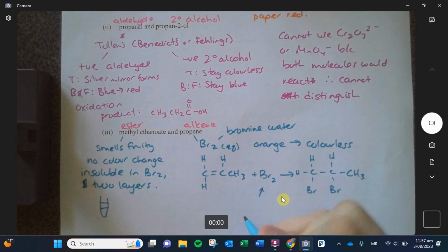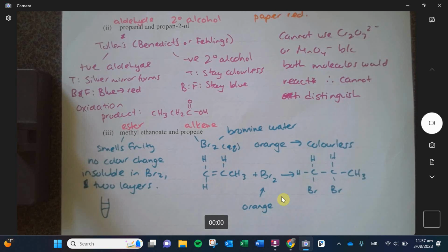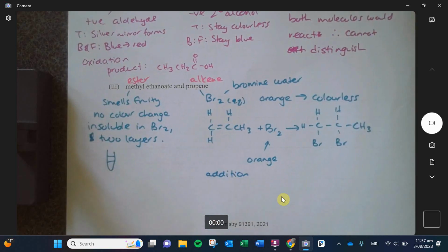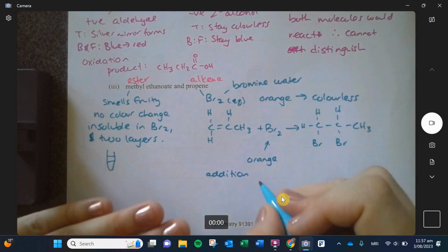So that's what the orange color was. Since the bromine's not there anymore, the orange color disappears. We good so far? All right, the type of reaction this would be is an addition reaction. And the reason why is because we are breaking the double bond and adding to the molecule.